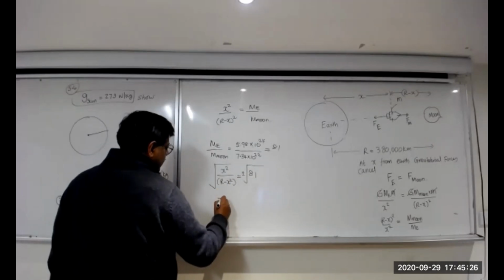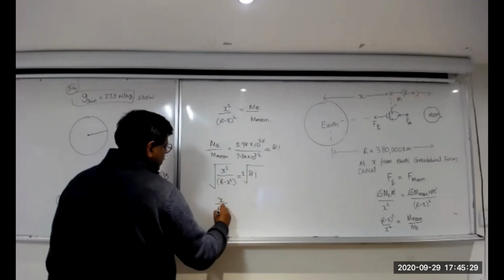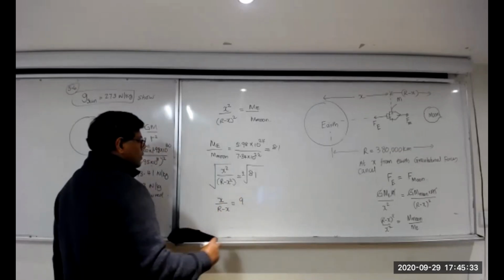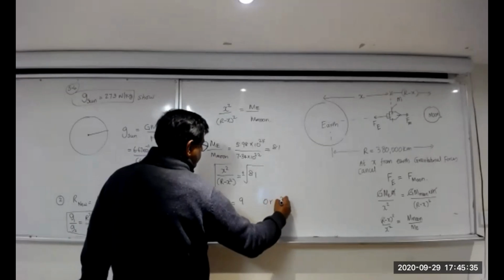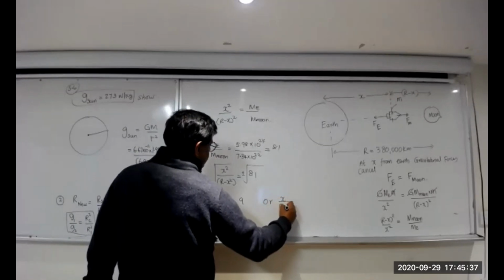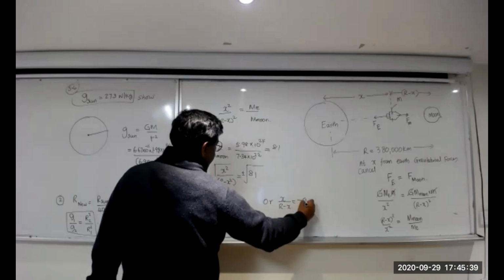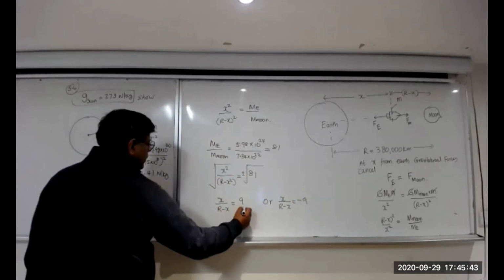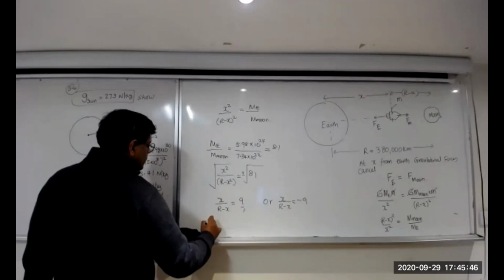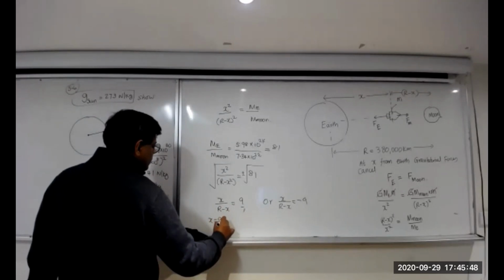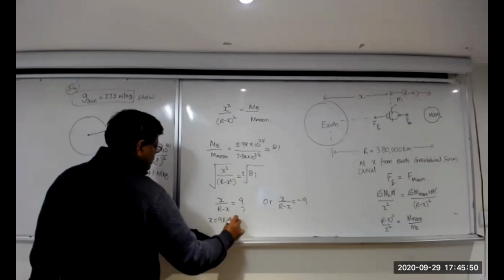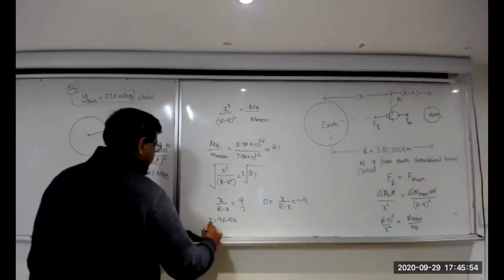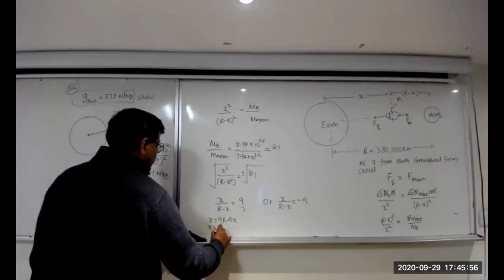And you get x over r minus x equals 9 or negative 9. Then expand it. Then you can see that your x is going to be 9/10.